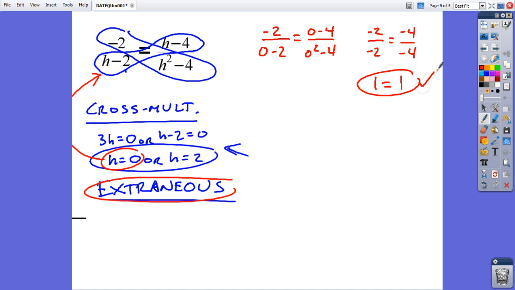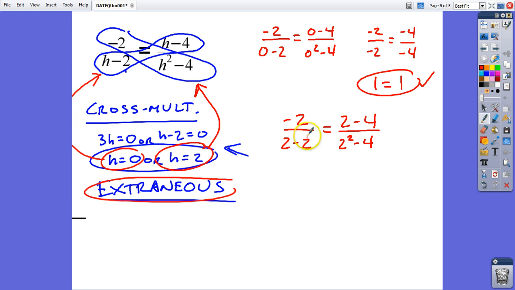So that checks out. Now, this one, though, is an extraneous solution, and here's why. If I go ahead and check my answer and plug it in, I get negative 2 over 2 minus 2 equals 2 minus 4 over 2 squared minus 4.